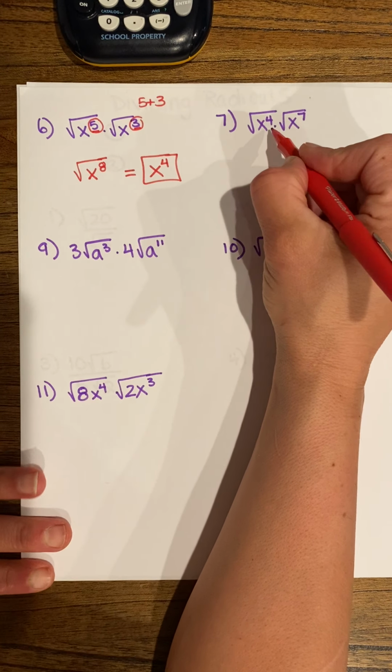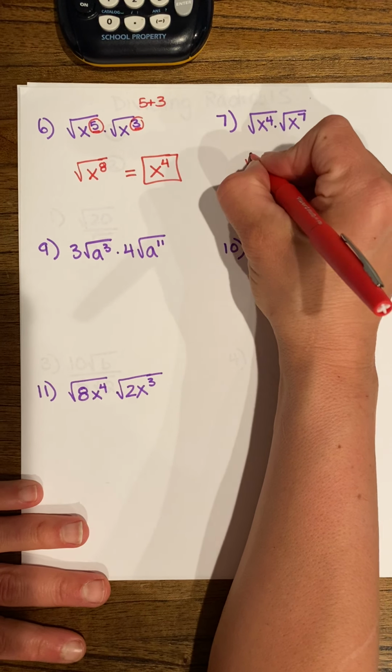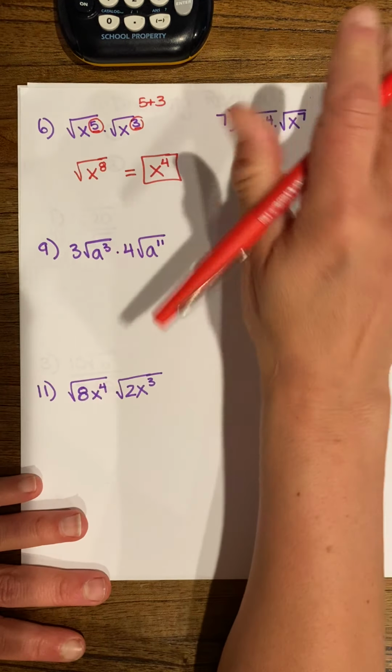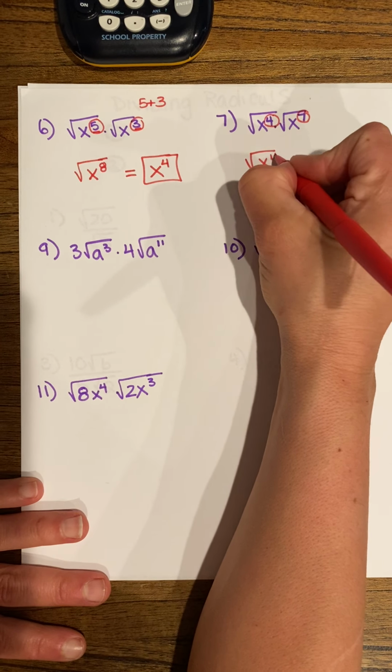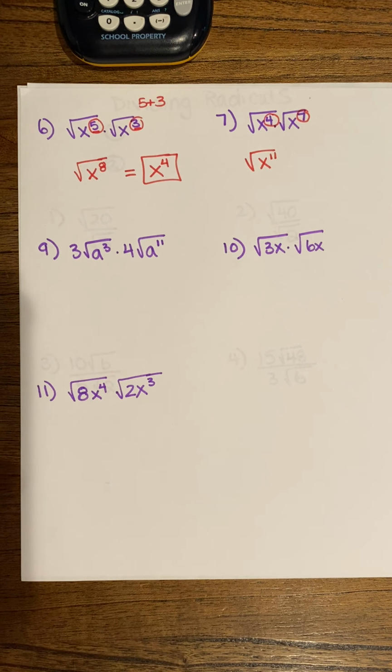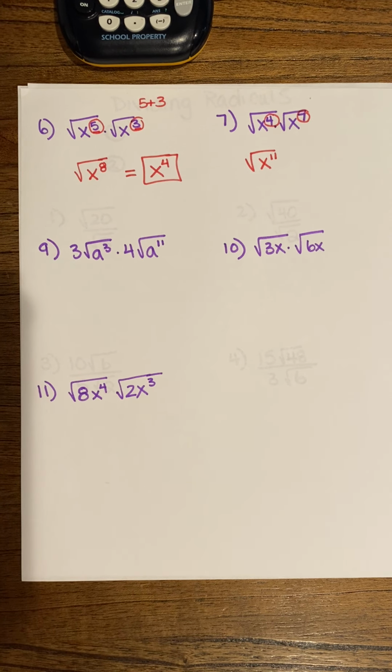Here, I have x to the 4th times x to the 7th. So again, a rad times a rad stays in a rad. This time I'm doing 4 plus 7 and I get 11. So that's the in-between answer, x to the 11. Now, again, we have to simplify.